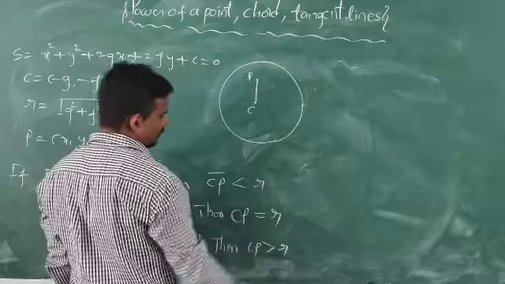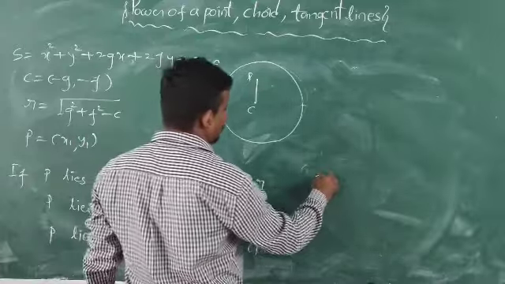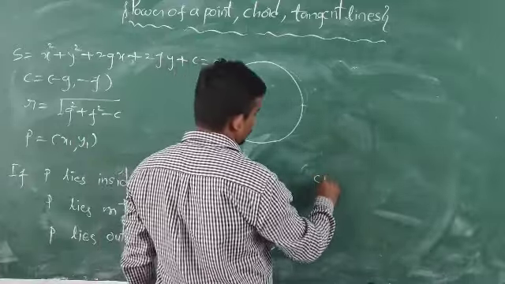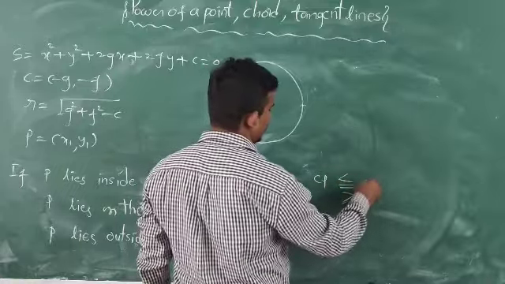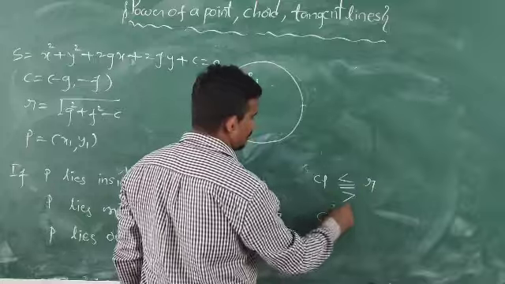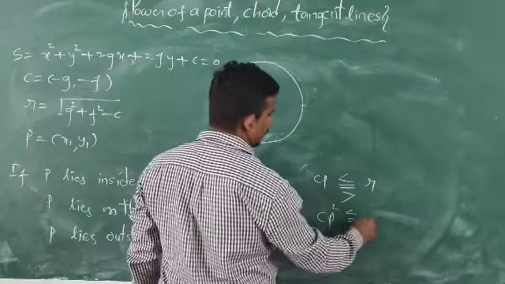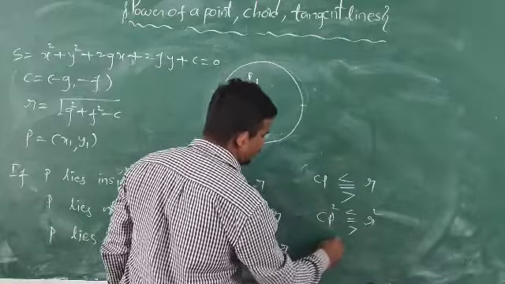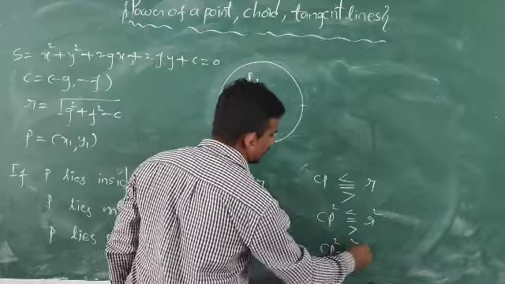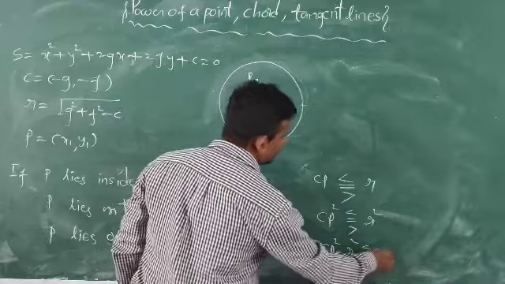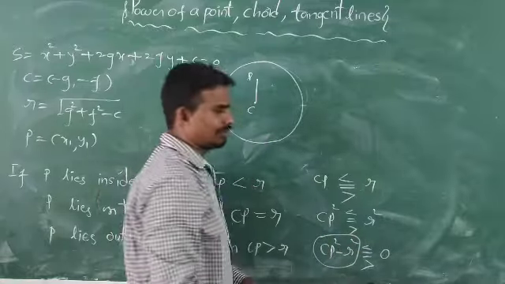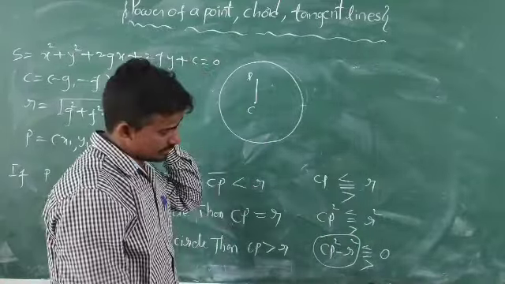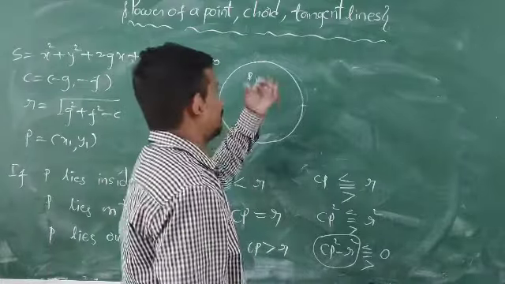From these three arguments, we may observe one thing: CP is less than, equal to, or greater than R. CP square is less than, equal to, or greater than R square. And from it, CP square minus R square is less than, equal to, or greater than 0. CP square minus R square is the value that decides the position of the point.